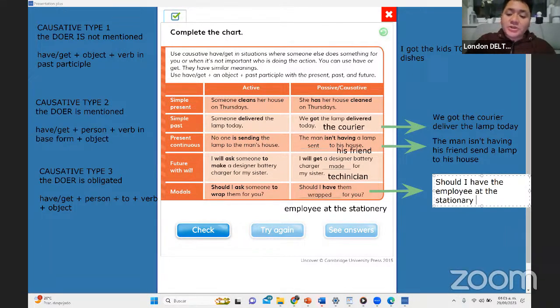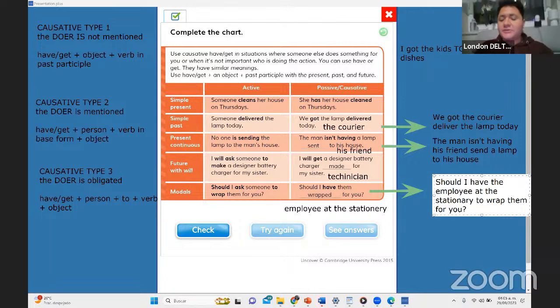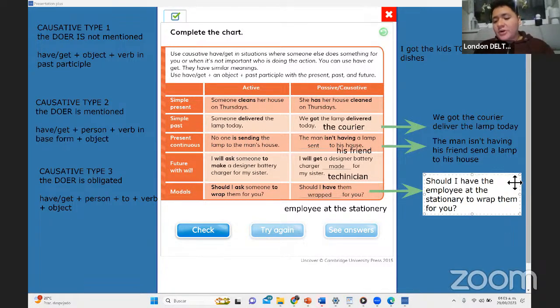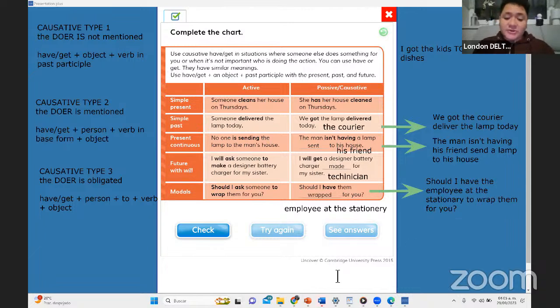Now what else? We need to use to wrap. We could say to wrap them, to wrap it for you. Y así sería la oración. So in this case, you're saying that the person is feeling obligated to do it.